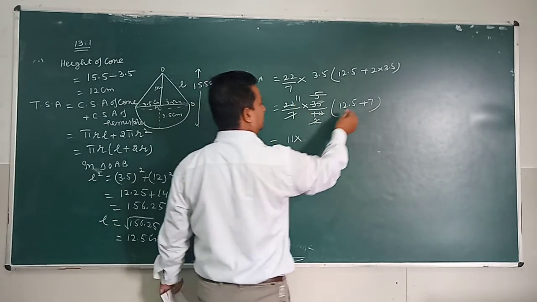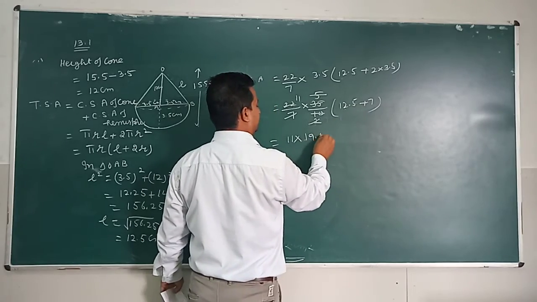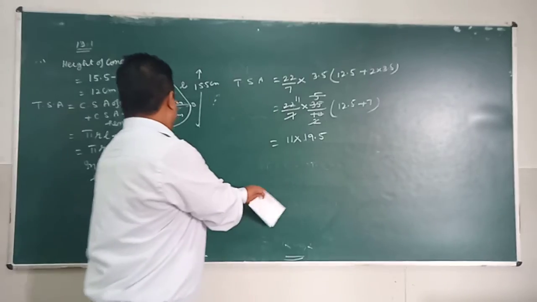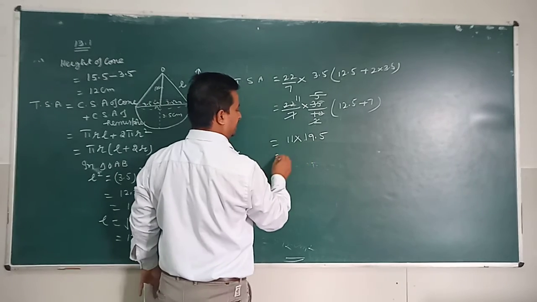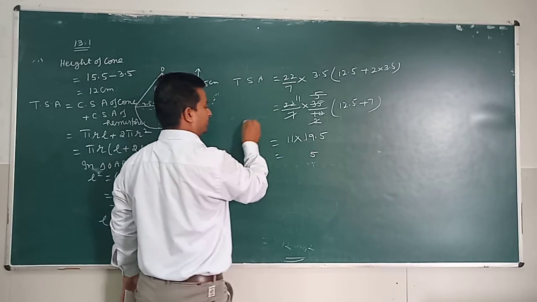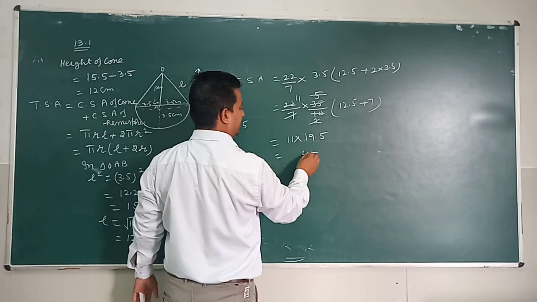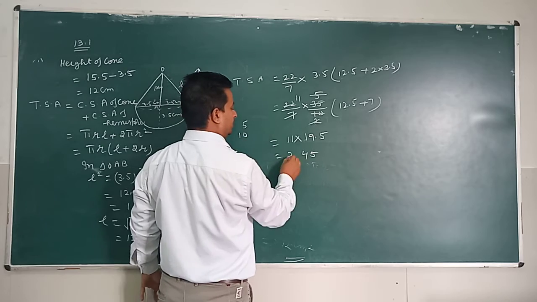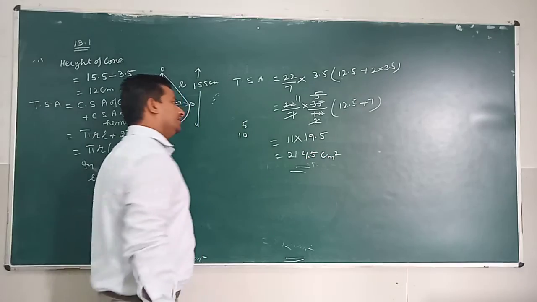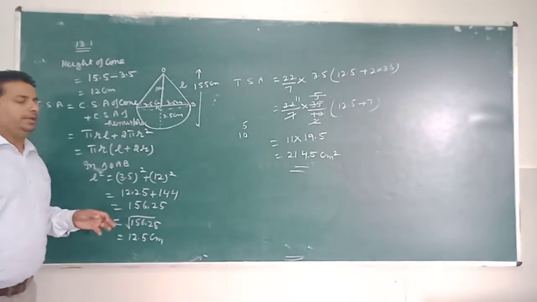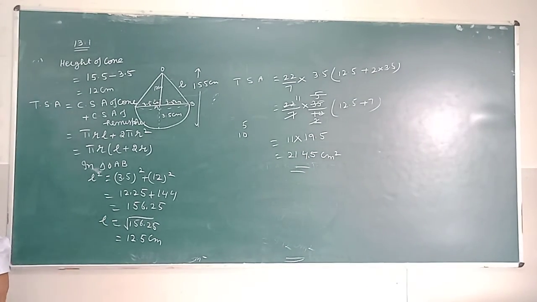So 11, this is 19.5. 19.5. So when we multiply, this is 55, 5, 99, this is 104, 214. So 214.5 centimeter square is the area of this toy.